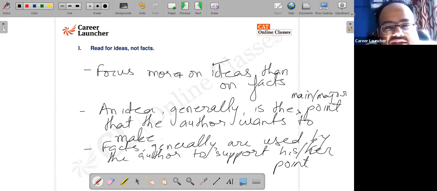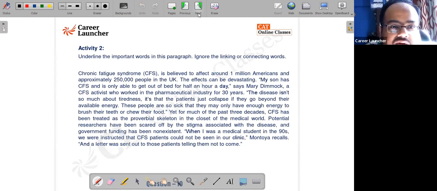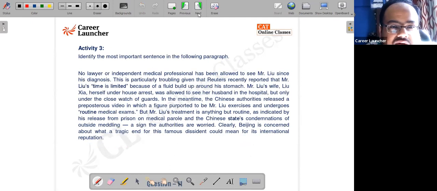Let's do a small exercise here. This paragraph that I'm displaying on the screen, I've displayed a paragraph on the screen. It's there in the PPT that I've sent on the group also.